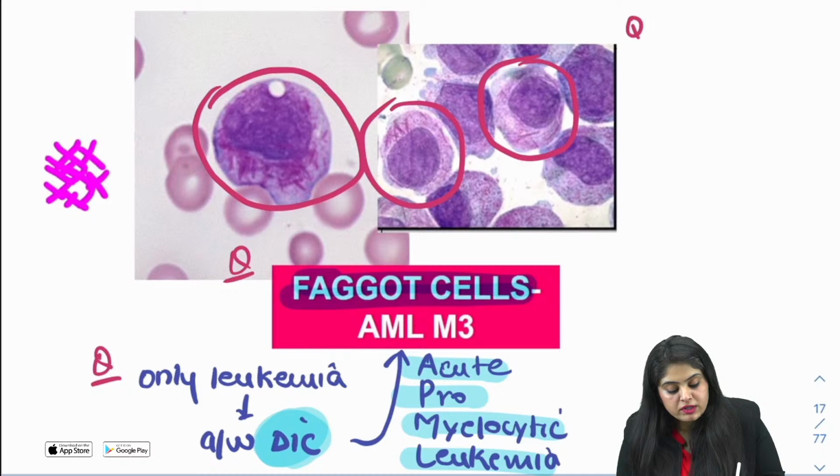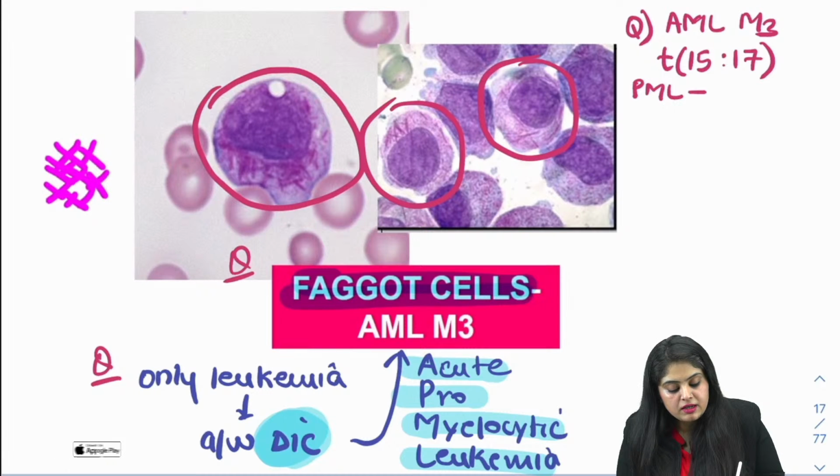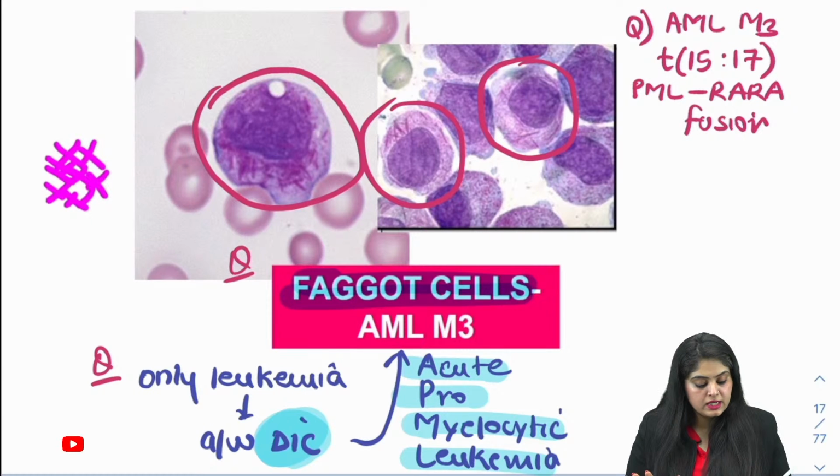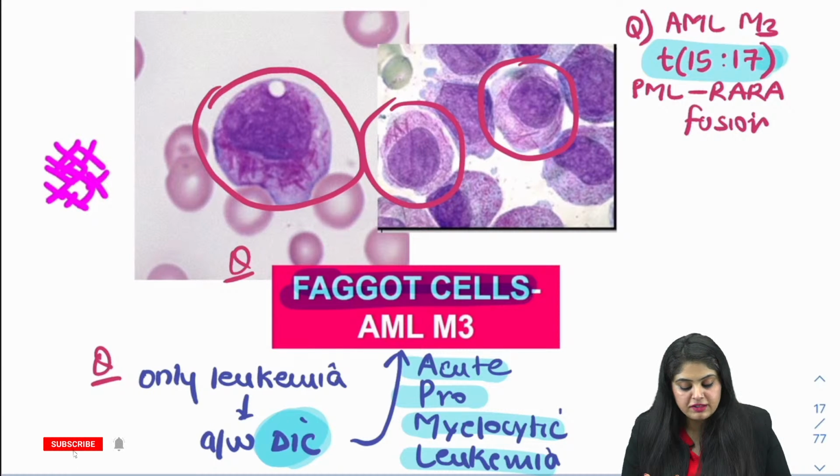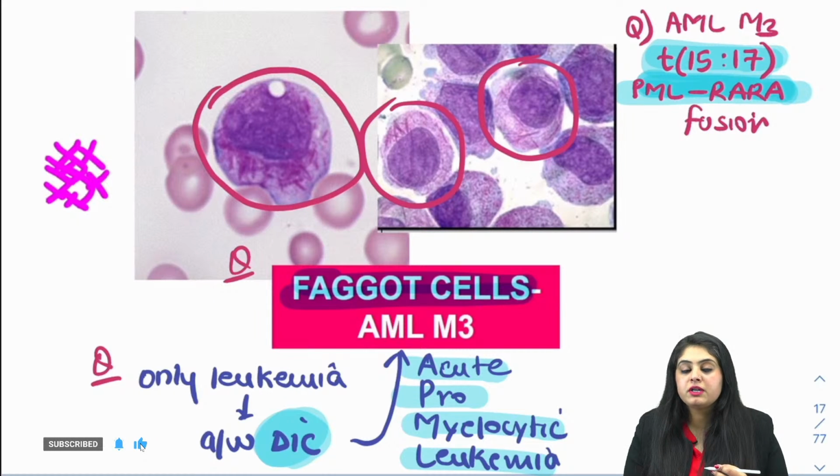You will tell me what is the genetic alteration. AML-M3 shows you a translocation called 15;17 with PML-RARA fusion. This is one very famous question that you get. It is translocation 15;17 with PML-RARA fusion. Now tell me the treatment also.